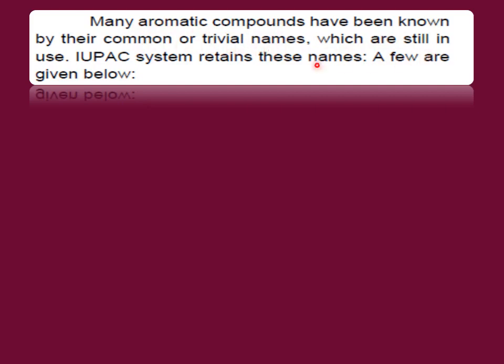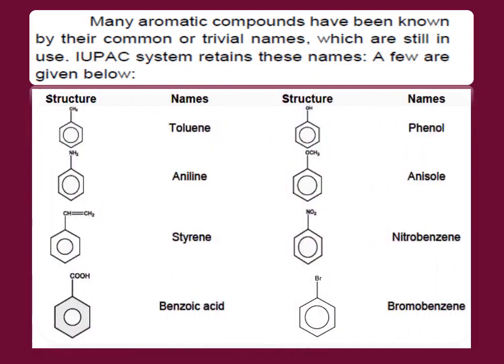Whenever a benzene is attached with a methyl group, the name of this whole compound is toluene. Similarly, if NH2 is present along with benzene, it is called aniline. If a vinyl group is present, CH double bond CH2, along with benzene, it is called styrene. A carboxyl group with benzene is called benzoic acid. And you are familiar with this compound.